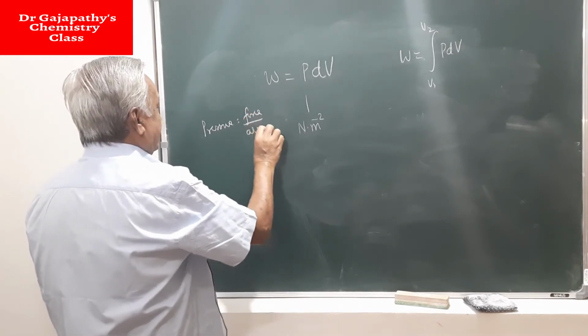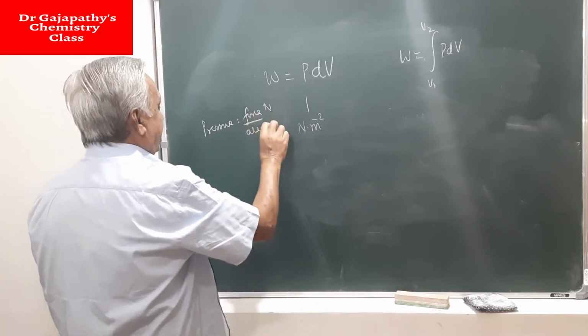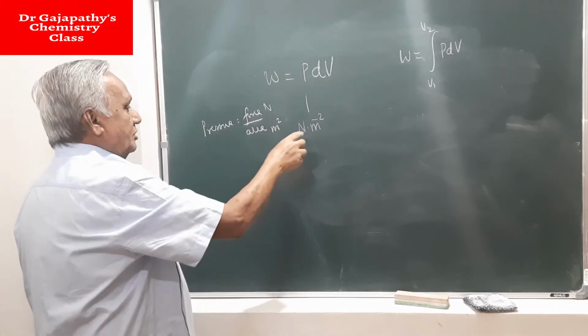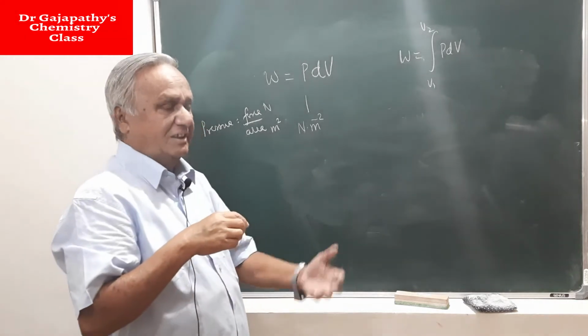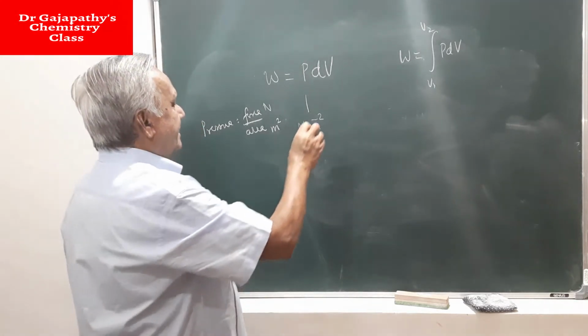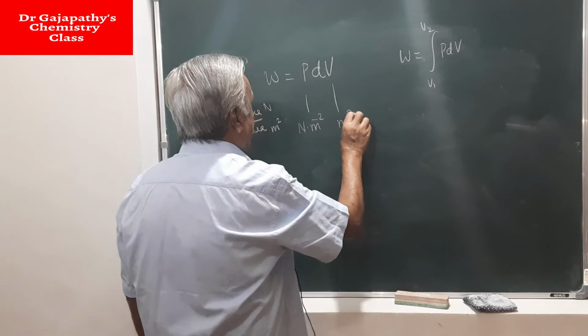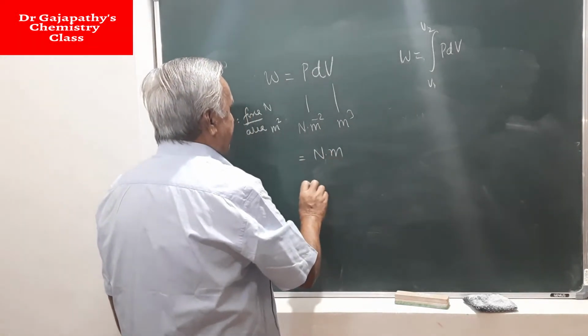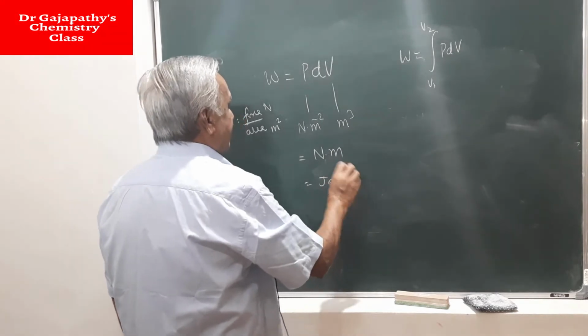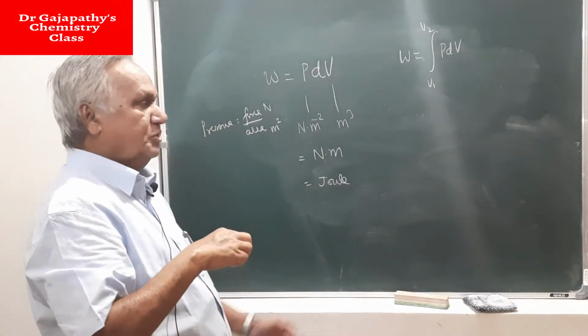Force is Newton, area is meter square, so the unit of pressure is Newton per meter square. This is what is called a Pascal. And volume is expressed in terms of meter cube. So this is Newton into meter, which is nothing but joule. This is how you calculate.